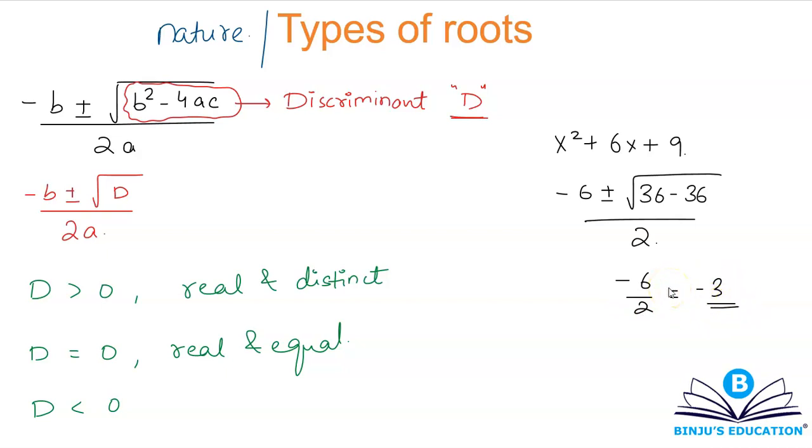Now when you write real and equal, many people understand in this case that there is only one root, which is not the right way to put this. There are still two roots. It's just that both the roots have equal value. A quadratic equation never has one root.